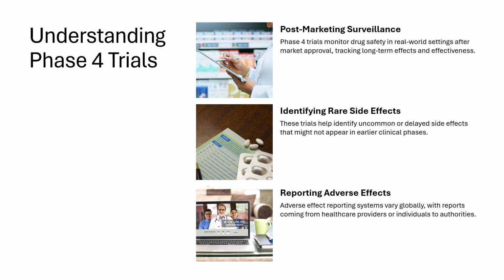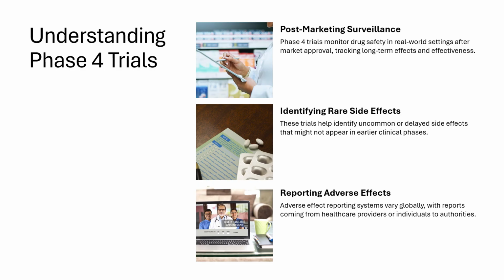Even large phase 3 trials may not uncover rare or delayed side effects, especially if they only occur in a small percentage of the population or after months or years of use. Phase 4 trials and ongoing surveillance help uncover these issues.